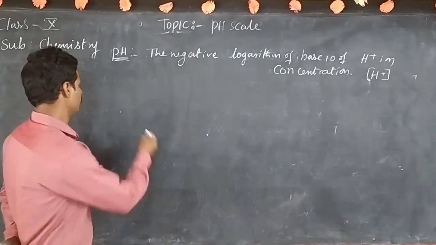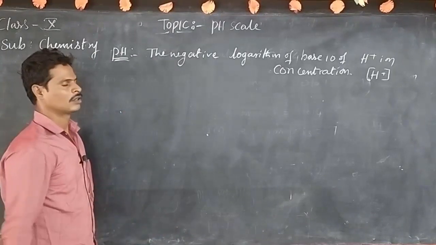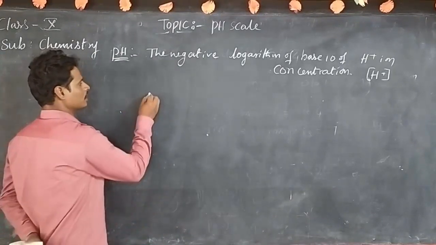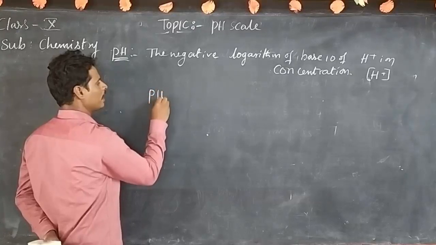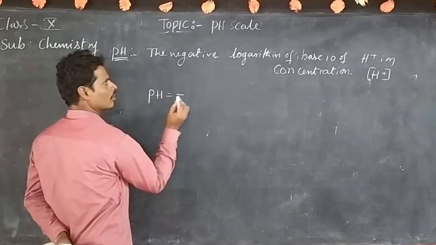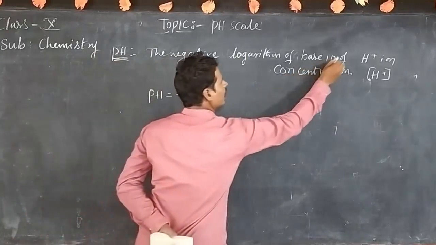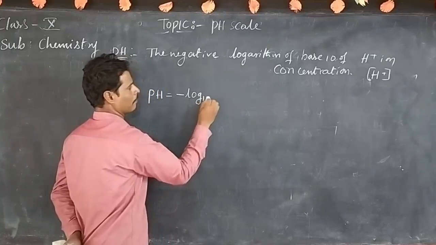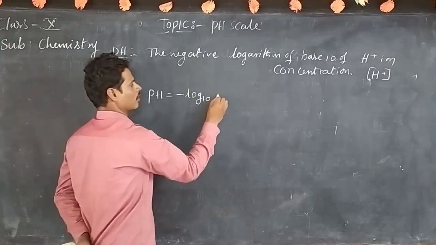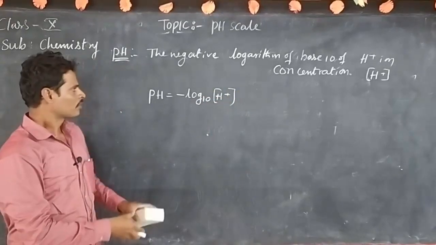Next, how can you calculate the H plus concentration? By using this formula, pH equal to negative logarithm of base 10 of the H plus ion concentration. Simple definition again.